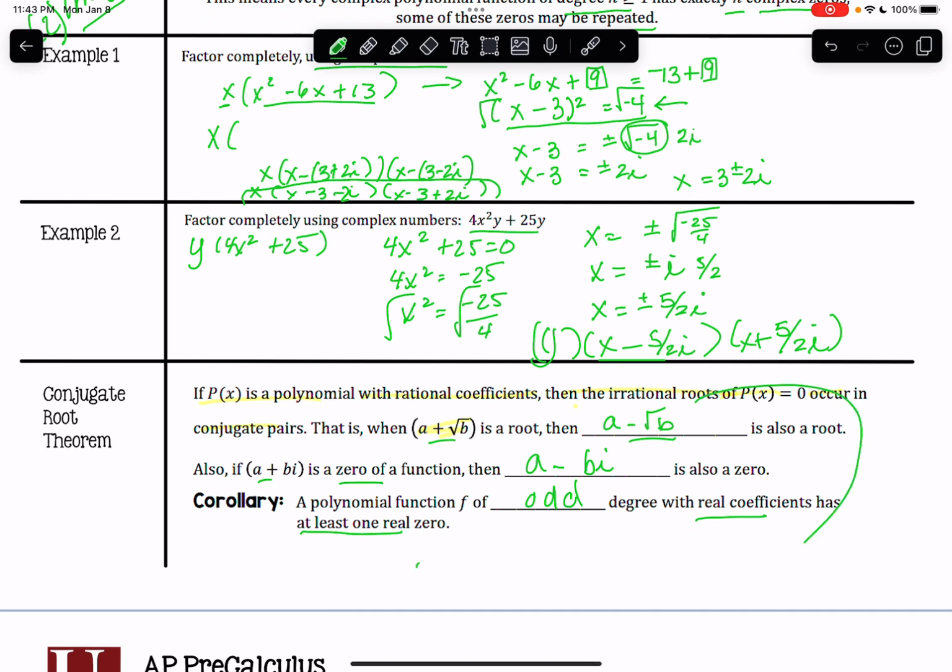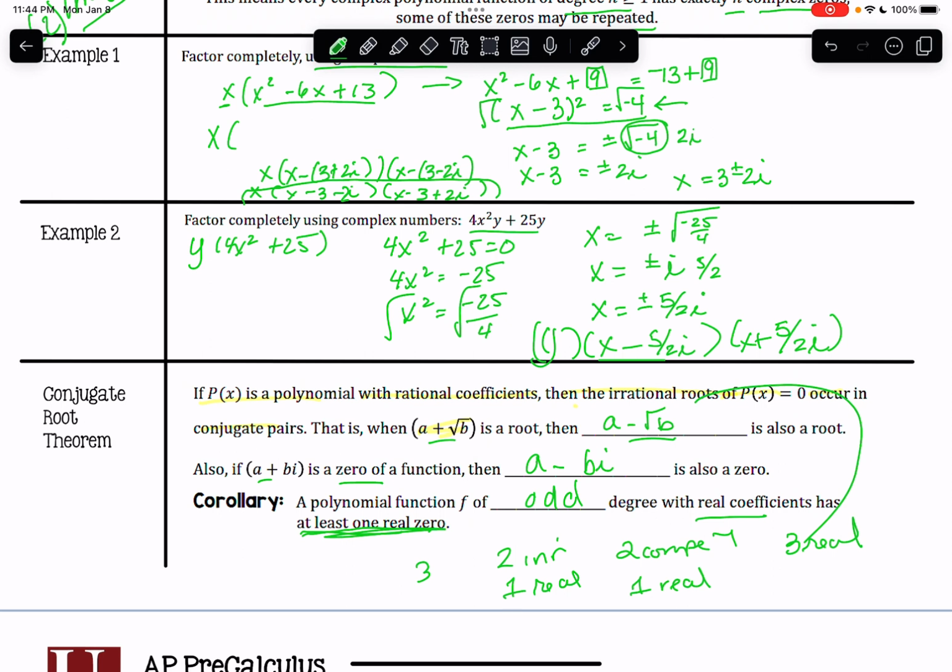So if I have a degree 3, I can have 2 irrational and 1 real, or I can have 2 complex because these things come in pairs, and 1 real, or I can have 3 real. So that's why it says it has at least 1 real zero. It's not going to have 2. There's no way an odd function could have 2 real.